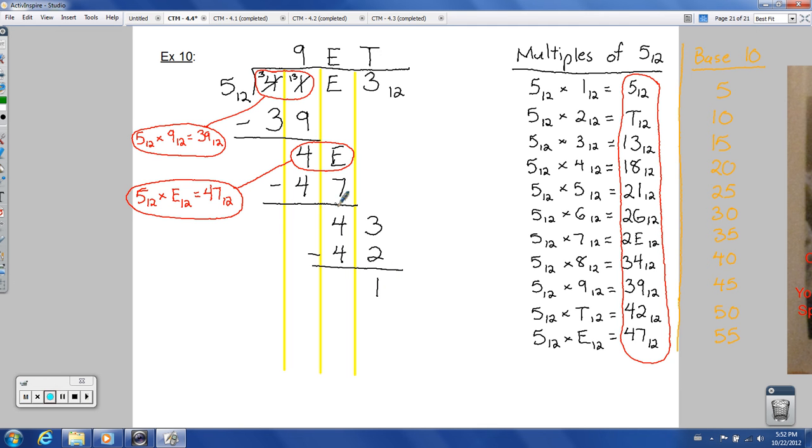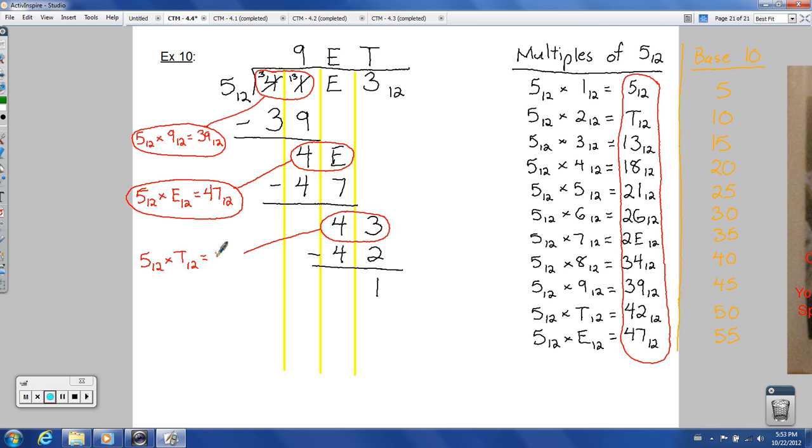And so this, I'm going to circle this, and let's look over here again and see that it was 5 base 12 times T base 12. That's why I chose what I did there. That was the largest product that was less than what I saw there.